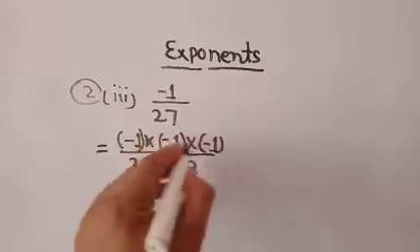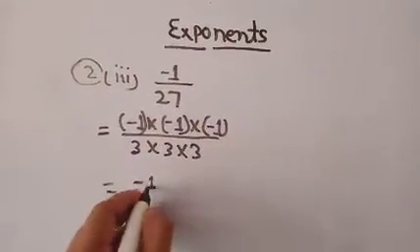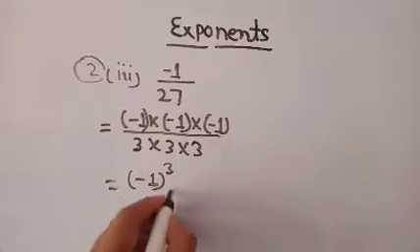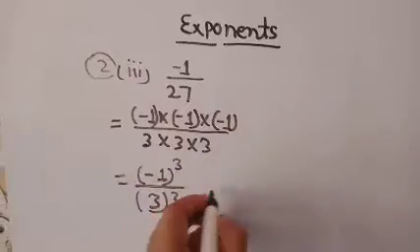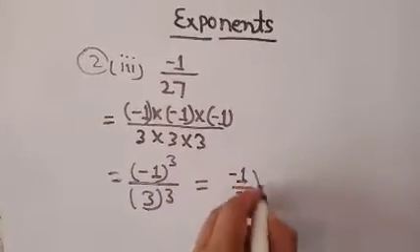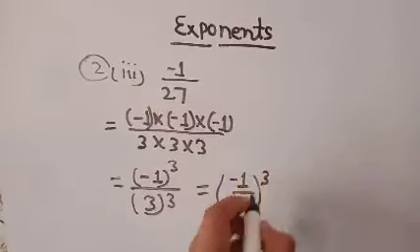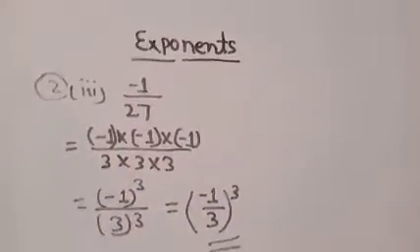Minus minus plus, plus minus minus, it will remain minus. Then minus 1 whole cube and 3 whole cube. Now check the power is the same, then you can write the base as minus 1 by 3 whole power 3. This is the power notation of minus 1 upon 27.